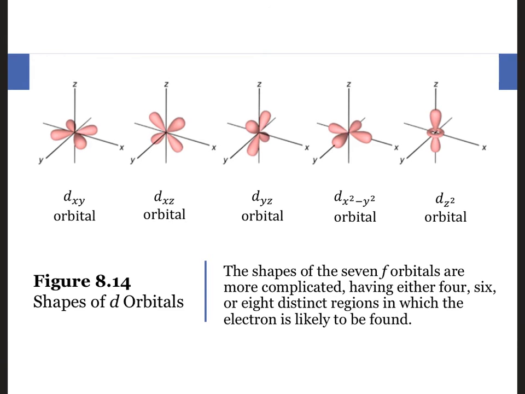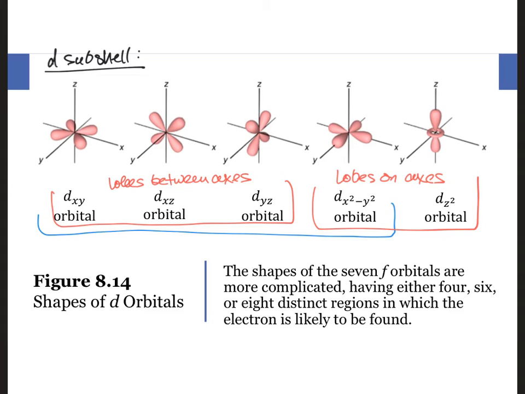The d subshell contains 5 orbitals. 4 of these orbitals look like 4-leaf clovers. The d orbitals have 3 orbitals with lobes, or areas of high electron density, that are located between the axes, the dxy, the dxz, and the dyz orbitals.